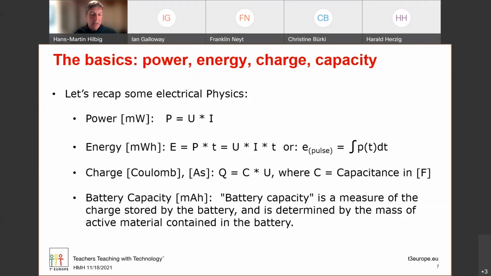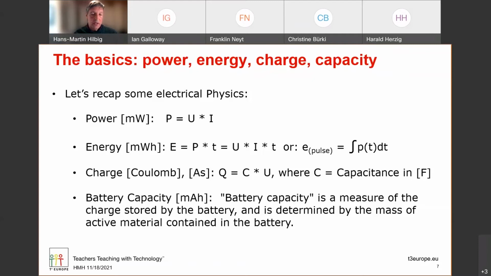And then battery capacity, which we have seen in the VARTA data sheet. Battery capacity is a measure of the charge stored by the battery, and it is determined by the mass of active material contained in the battery. I just read the sentence here for you, because there's a subtle difference between battery capacity and energy, right? When you look at the unit, let's compare it against charge, because this is more subtle.